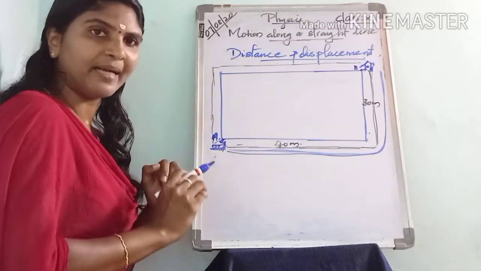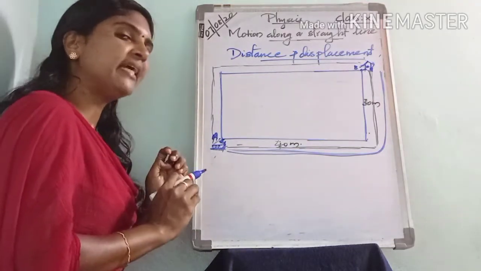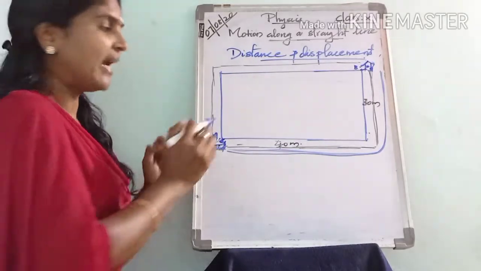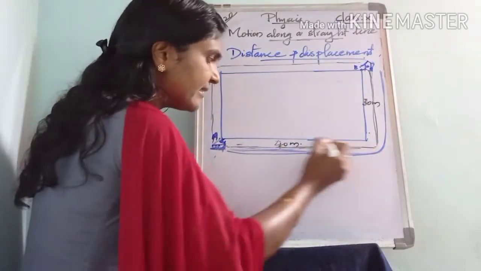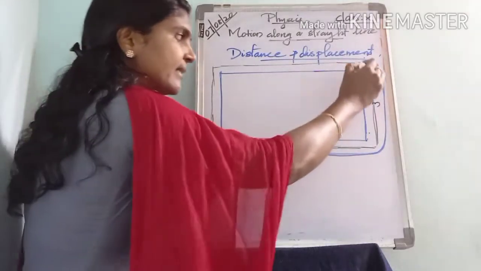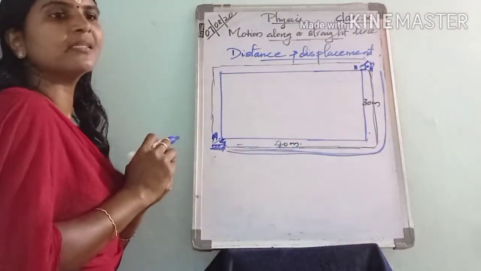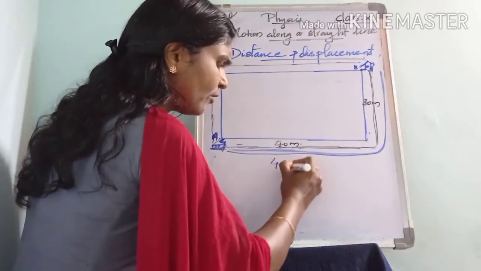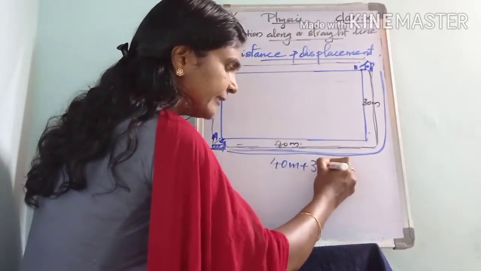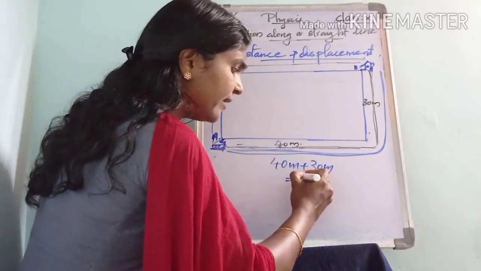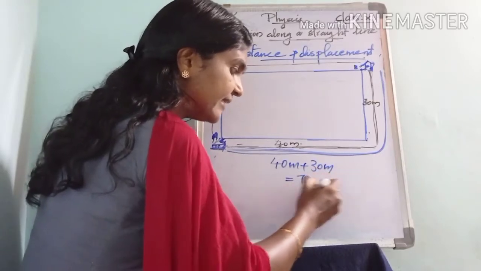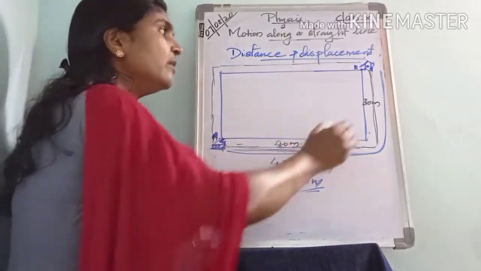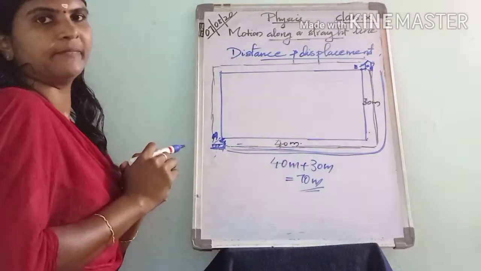Here, this much distance is taken as 40 meter and this much distance is taken as 30 meter. Then what is the distance here? 40 meter plus 30 meter, that is 70 meter. That is the distance travelled by you from your house to your friend's house.